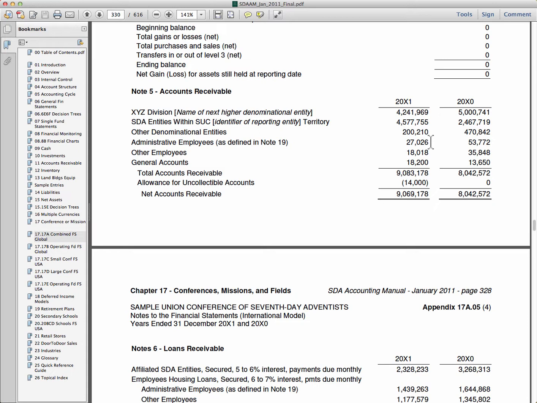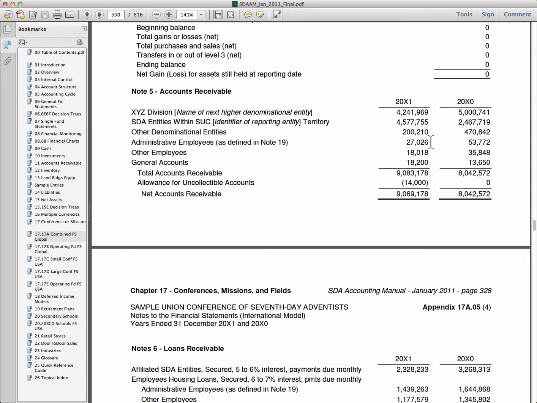It also includes regular employees that are on the executive committee. So say a college would take a regular faculty member and designate them as a board member, then that person becomes an administrative employee. Or a conference takes one of the department directors and puts them on the board, then that person is an administrative employee according to this note. And so those balances have to be separated out and shown separately.